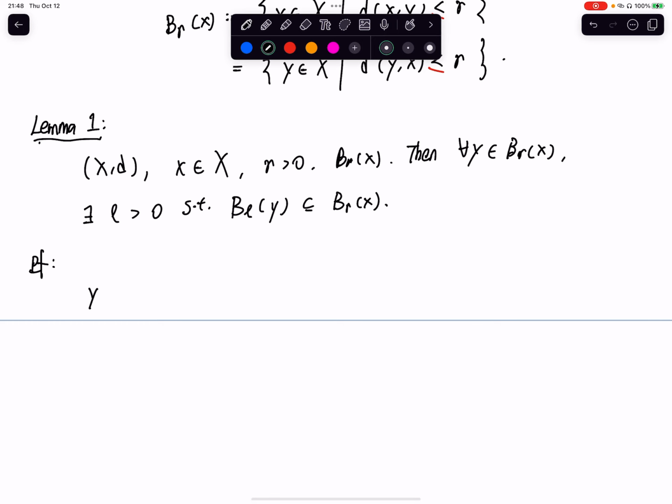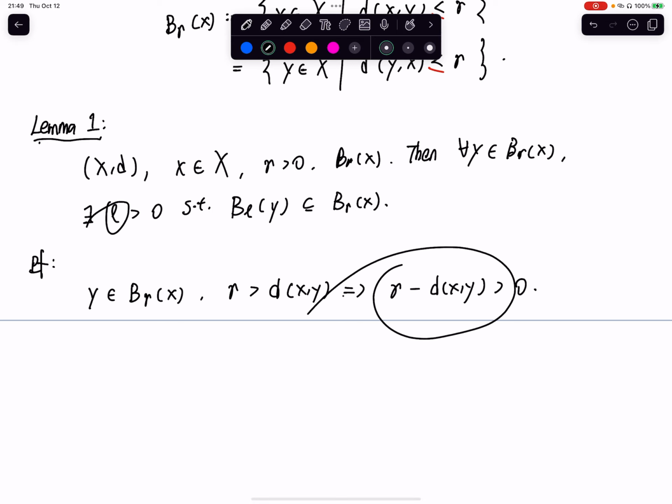Since y lives in B_r(x), by definition we have r greater than d(x,y). That means r minus d(x,y) is greater than 0. So we may choose our rho to be this.